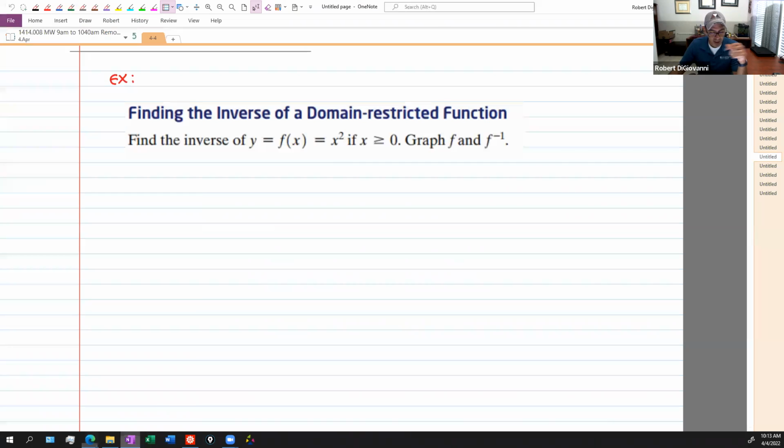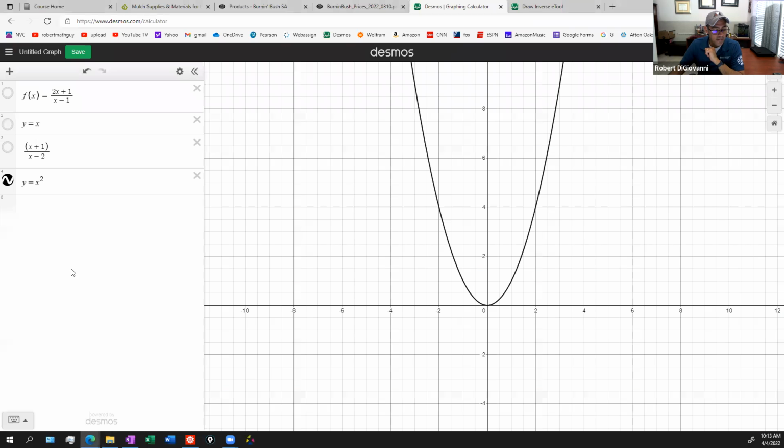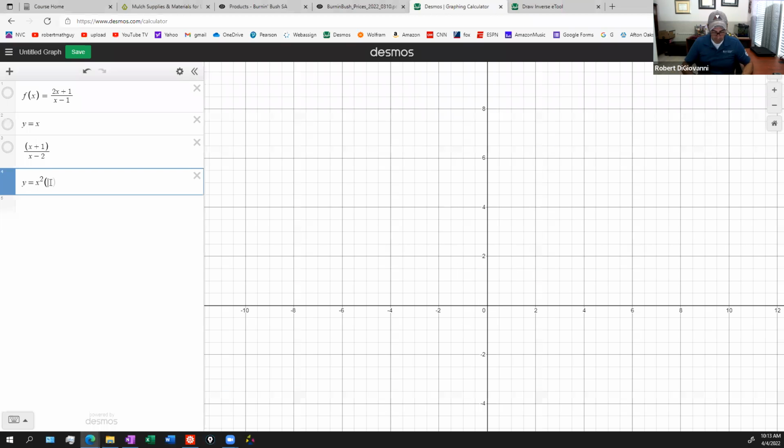However, they're telling us x can only be bigger than or equal to 0, which means the graph they want us to look at is only there we go. They want us to look at that parabola, but only the right side of it, for values of x greater than or equal to 0.